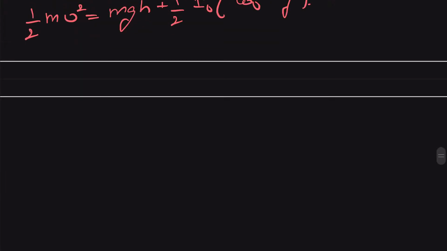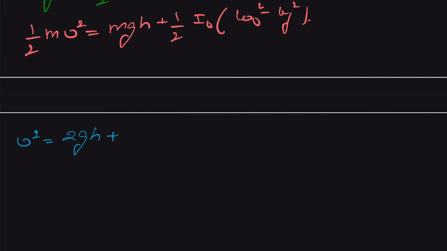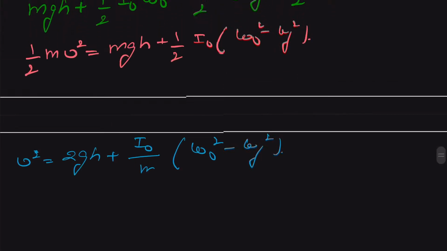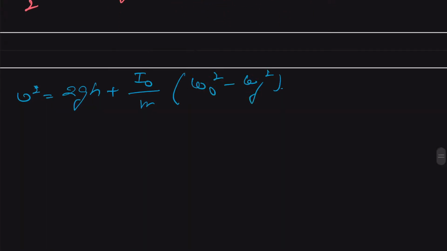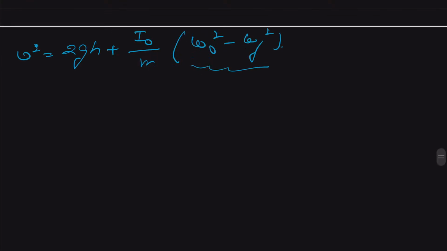So we get v square will be equal to 2gh plus, 2 goes by 2, I naught by m times omega naught square minus omega f square. We already know omega f, so we are interested in finding this particular term. So we can solve this separately.